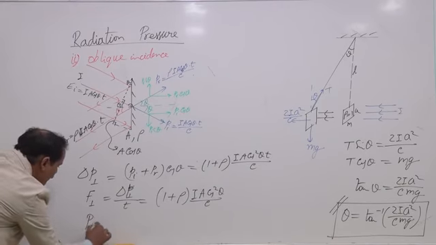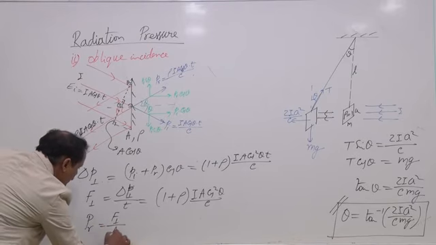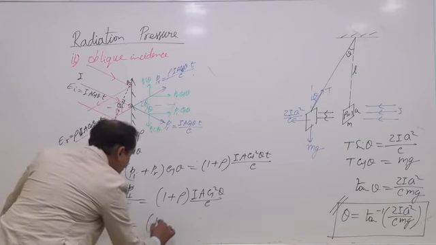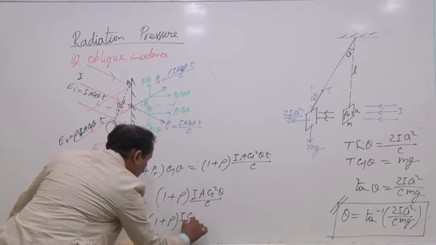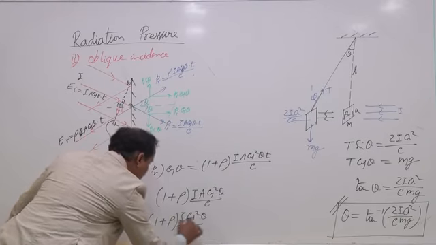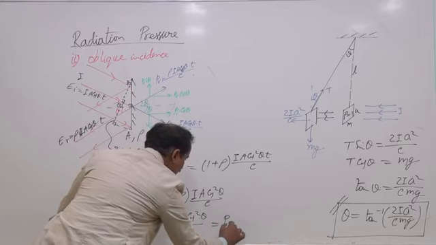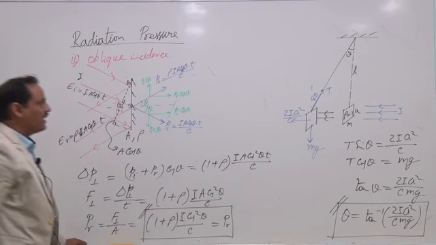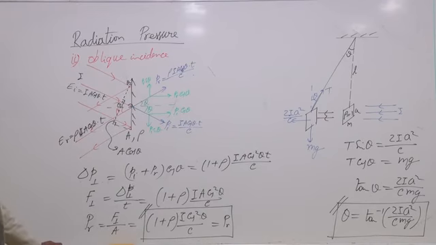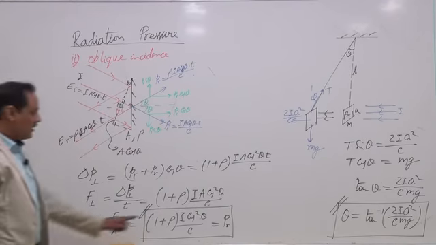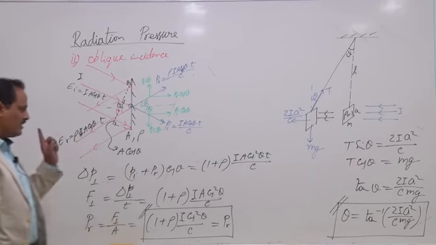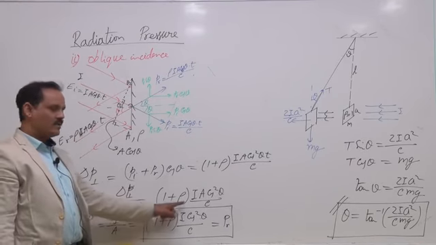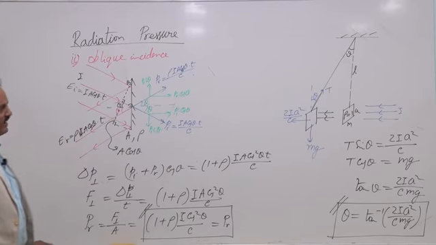So pressure is normal force per unit area, that is (1 plus rho) I cos square theta by C. This is the pressure when there is oblique incidence. So it is not only cos, it is cos square theta. For normal incidence we have seen the pressure to be (1 plus rho) I by C, but for oblique incidence it is (1 plus rho) I cos square theta by C.